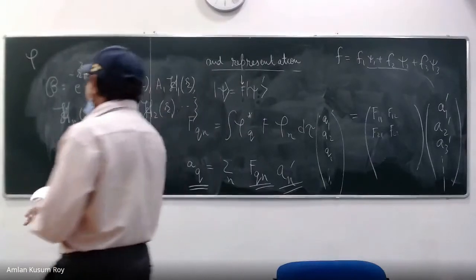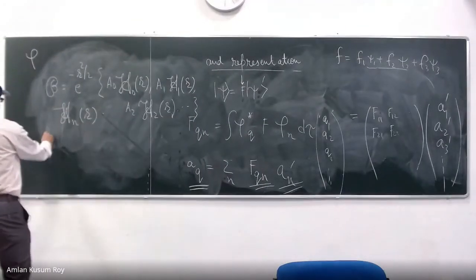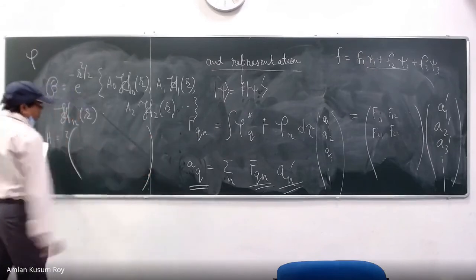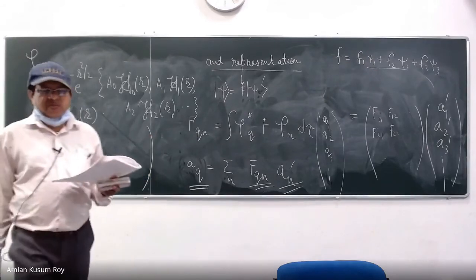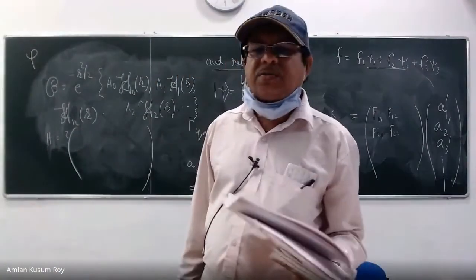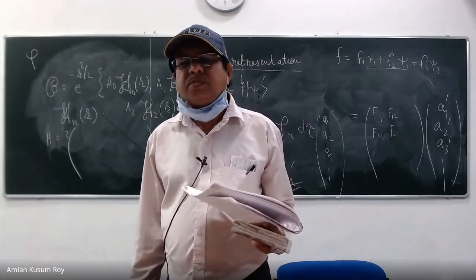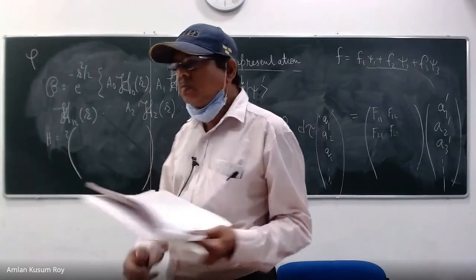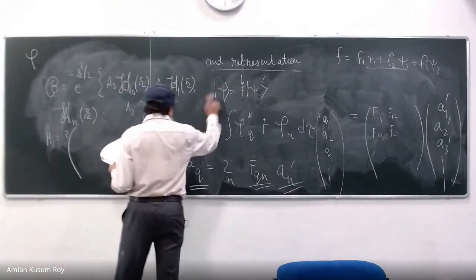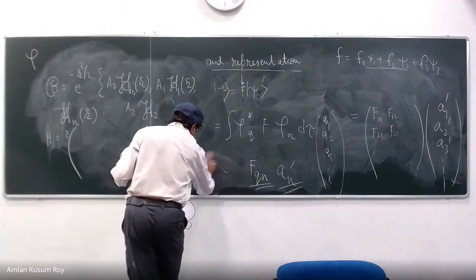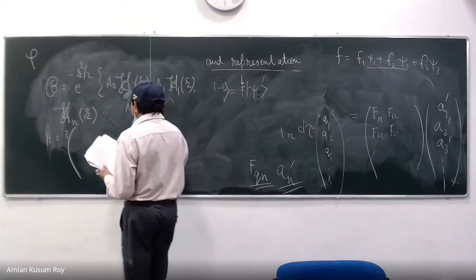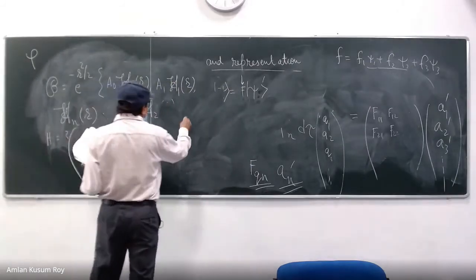So what is the representation of the Hamiltonian in this basis? That's the question. What should I write for the Hamiltonian matrix? Even if you do not understand anything, you still can understand, no?